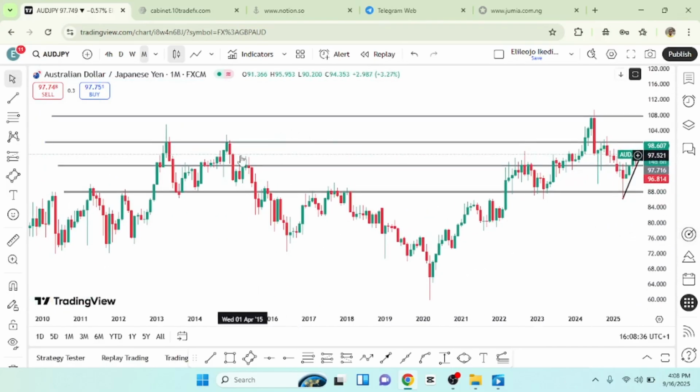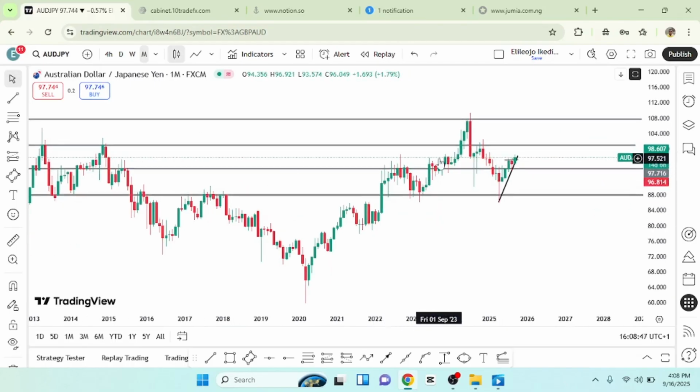Now take a look at this level. These levels were tested April 2013, tested December 2014, then tested here again October 2024. Can you see, from 2013 to 2024, that's what, 14 years?